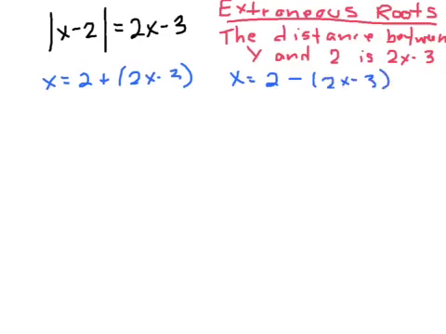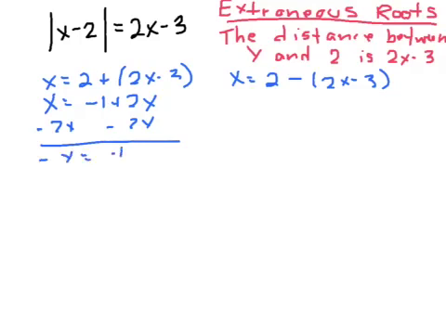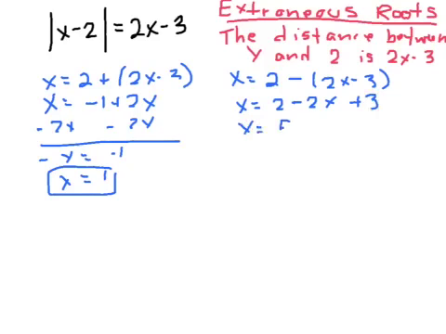So let's just solve these two equations. x equals negative 1 plus 2x. So I'm going to get negative x equals negative 1 and x equals 1. And then on this side I'm going to get x equals 2 minus 2x plus 3. x equals 5 minus 2x.